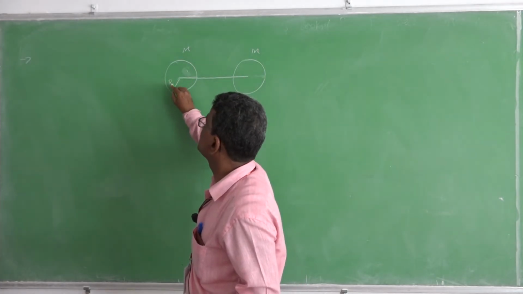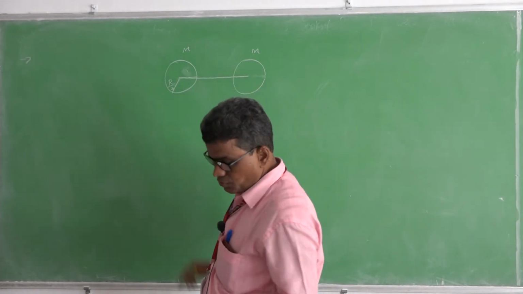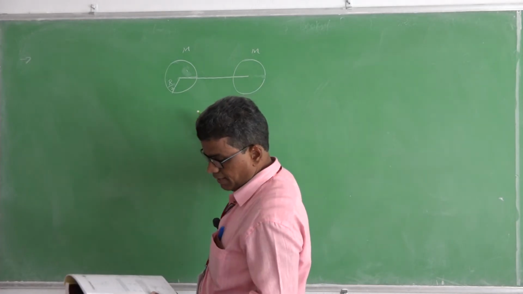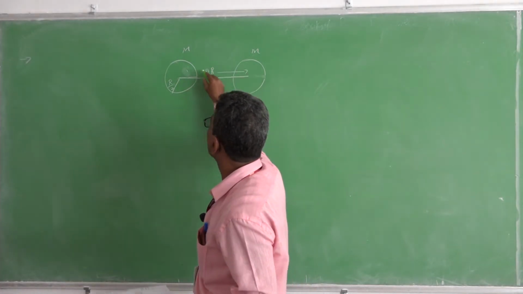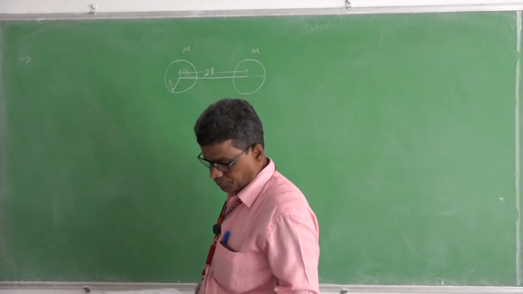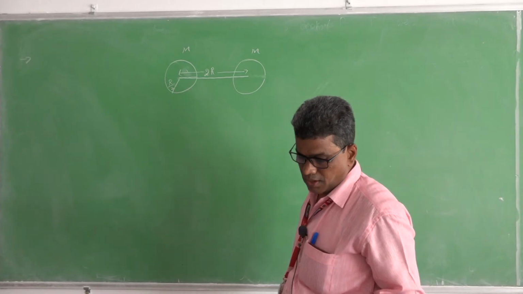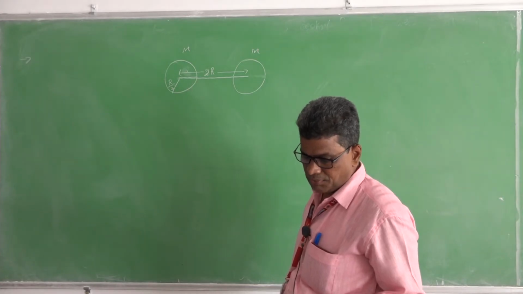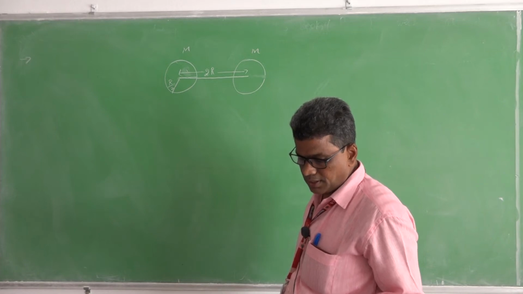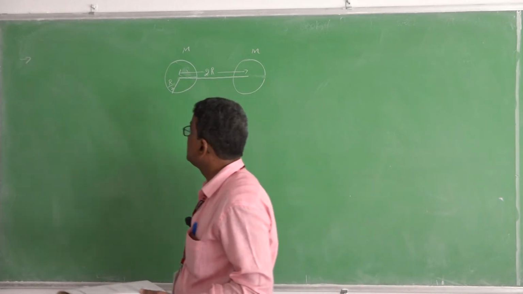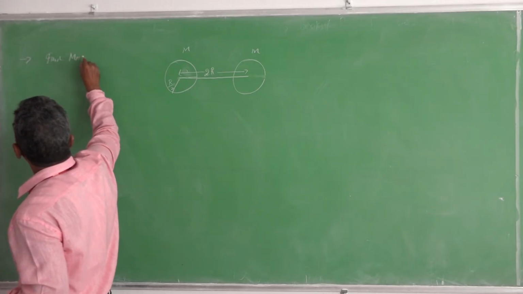This radius is r by 2. Both are identical. These two are connected with a massless rod of length 2r. So the length of this rod is 2r, as shown in the figure. Now, we want to find the moment of inertia of the system about an axis passing through the center of one of the spheres, perpendicular to the rod.